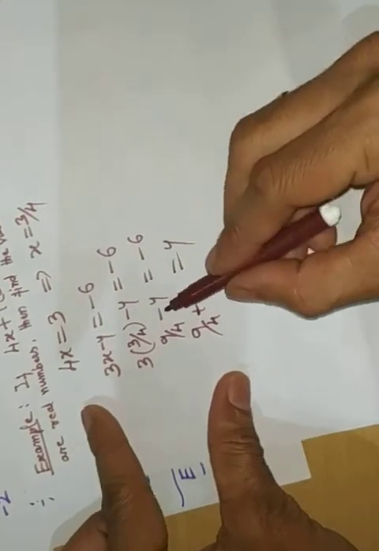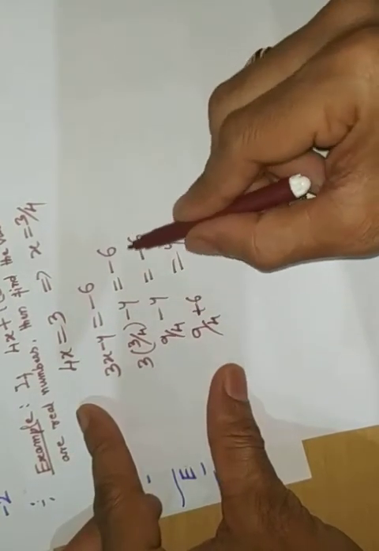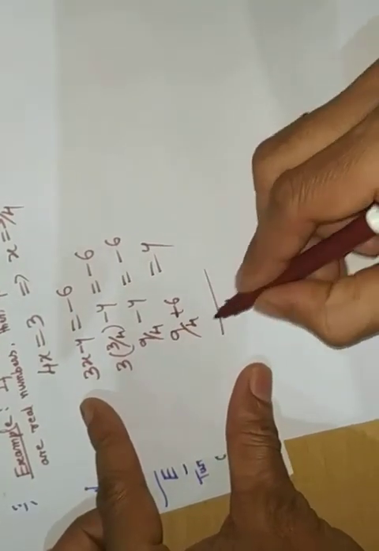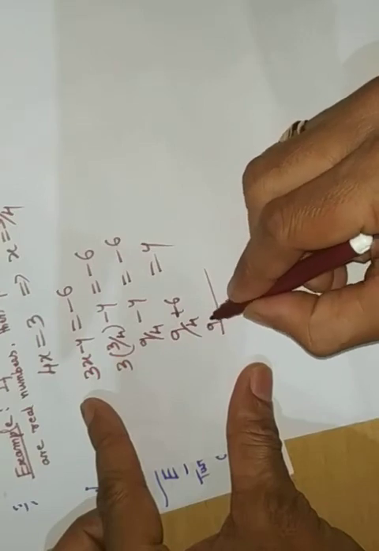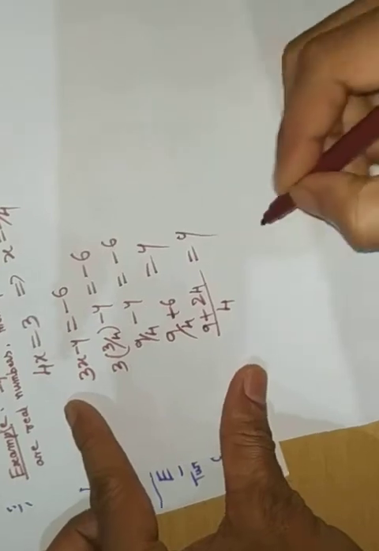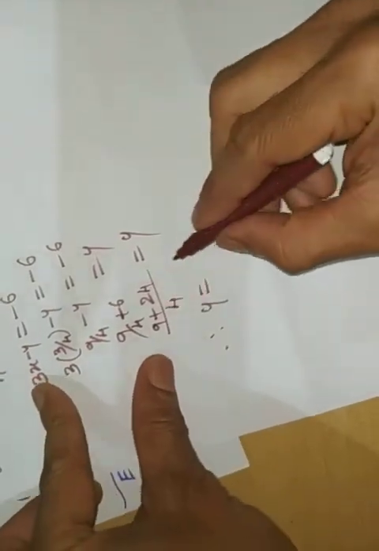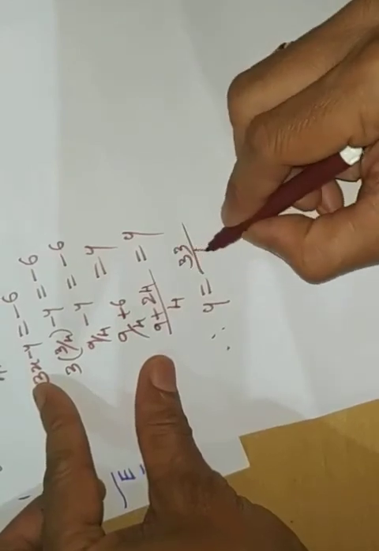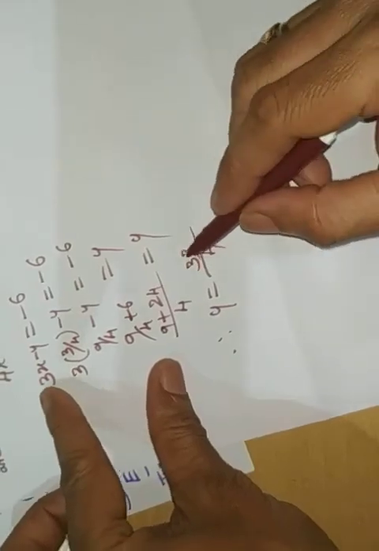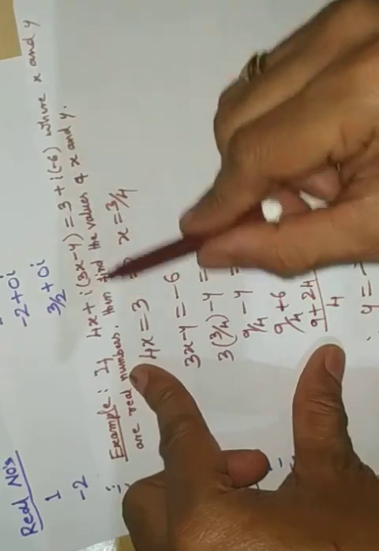Now get the LCM: 9 plus 6 fours are 24, that is equal to y. Therefore y is equal to 24 plus 9, which is 33, divided by 4. So the y value is 33 by 4. This problem is solved on the concept of equality of two complex numbers. Clear?